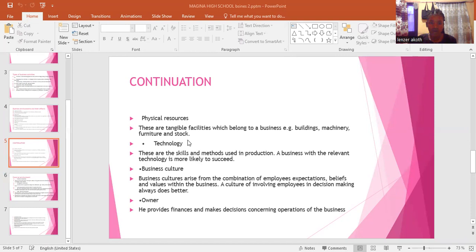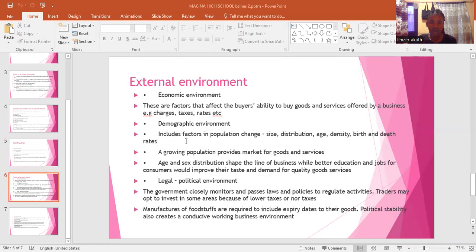Having looked at that, I hope you are okay. We can introduce external environment, and our next lesson will start from there. When you talk about external environment, it is now the outside environment. Apart from the business owner, the business structure, and the resources that are needed to start the business, what are other macro environmental factors that will affect the business either positively or negatively?